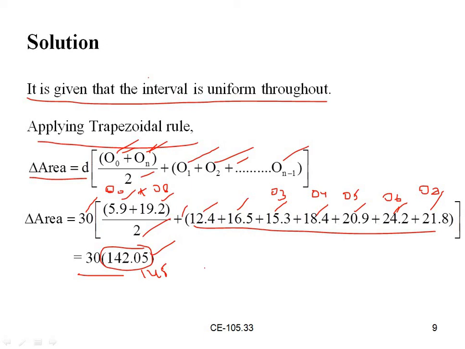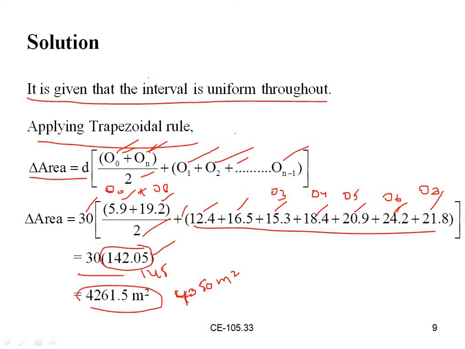Now 145 into 30, we will get 4350 meter square. So this answer, 4350 meter square, is the area of the taken offsets lengths.